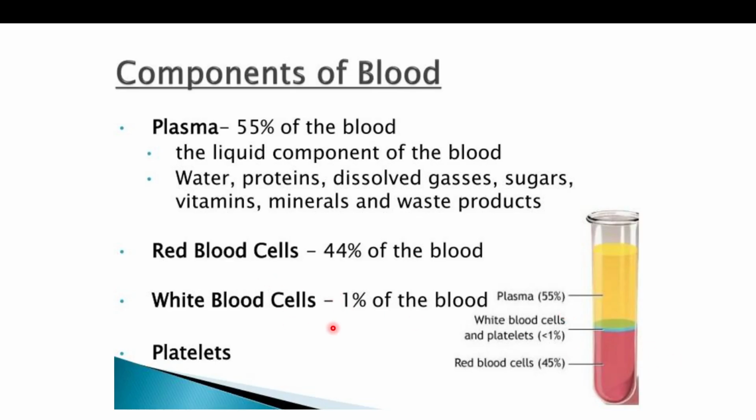Okay. And then come the white blood cells, which comprise 1% of the blood volume, and then platelets, which help in blood clotting and so on. So this is what it looks like after centrifugation in a centrifuge tube when we centrifuge blood.